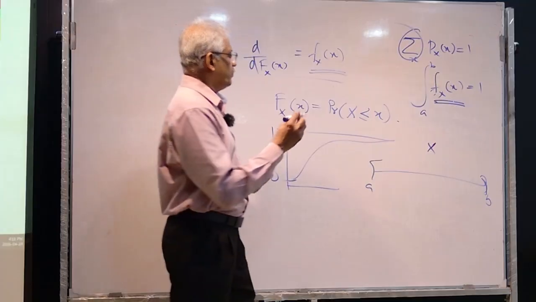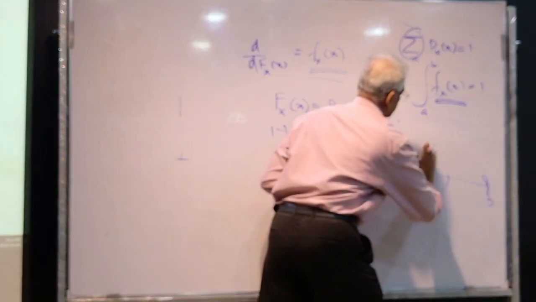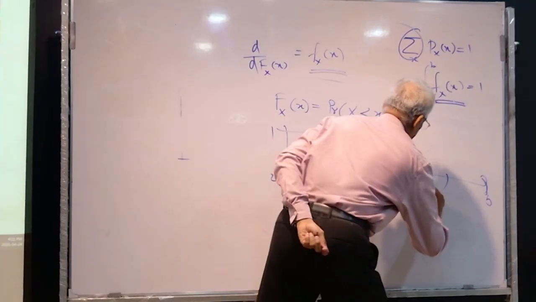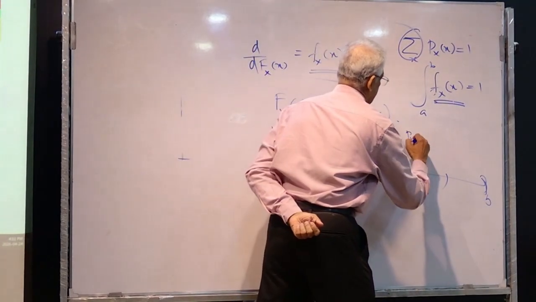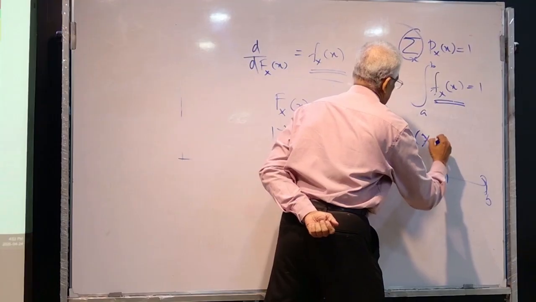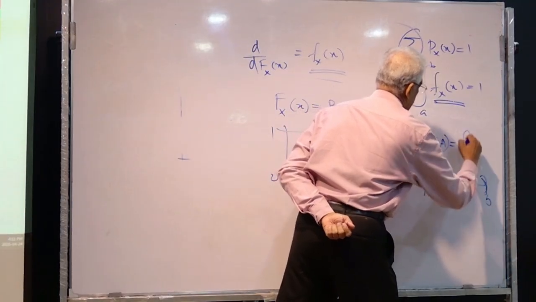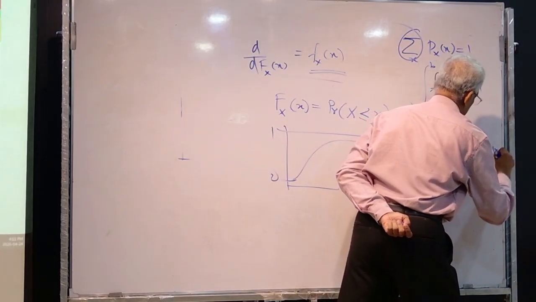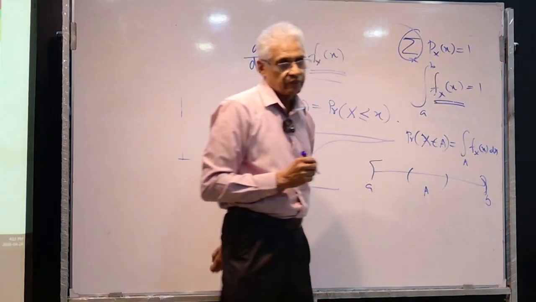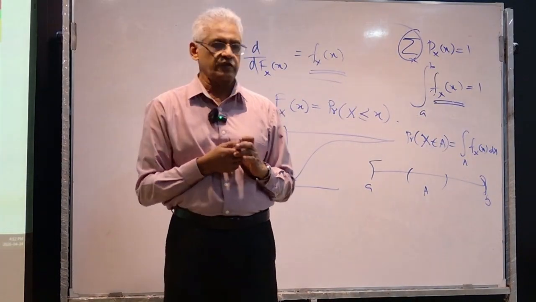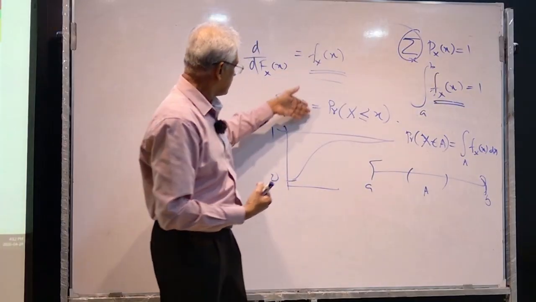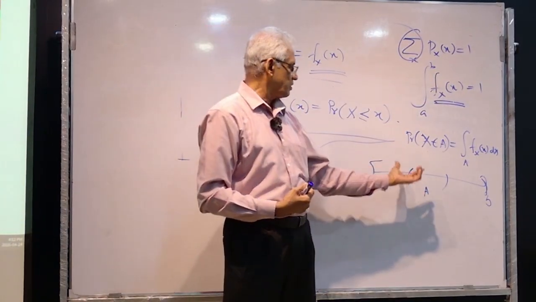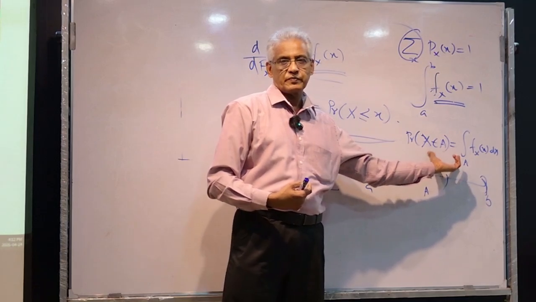And if you consider any subset, say set A, then the probability that X belongs to A should be equal to the integral of f(x) dx over this set A. That also should be satisfied, and we can show that using these two, this actually satisfies it.